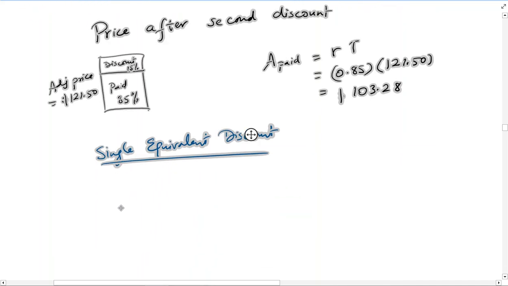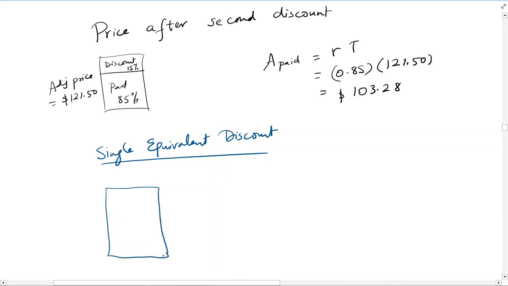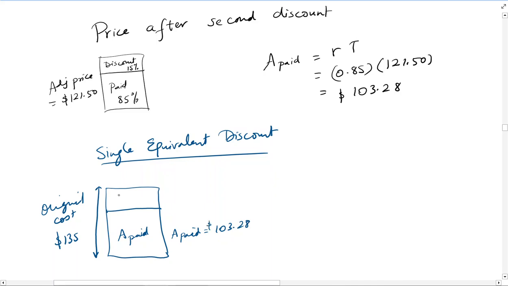We had a book whose original cost was 135, and the final amount paid after 2 discounts is 103.28. So the discount amount, the dollars we saved, is 135 minus the final amount paid, which is 31.72.